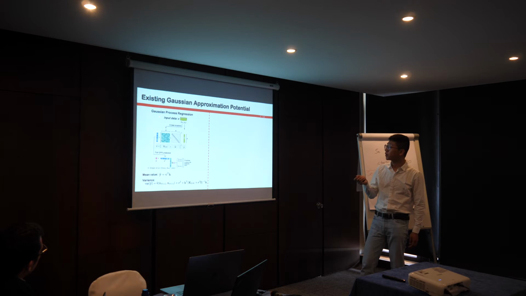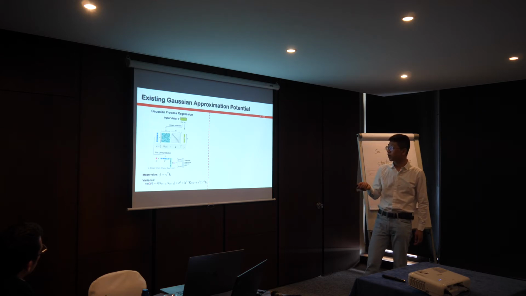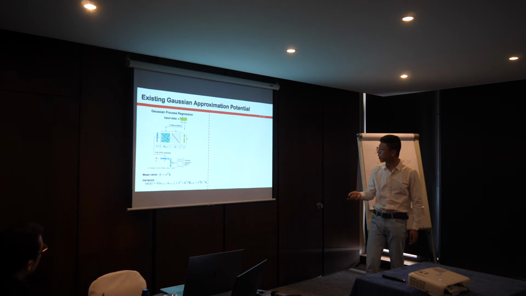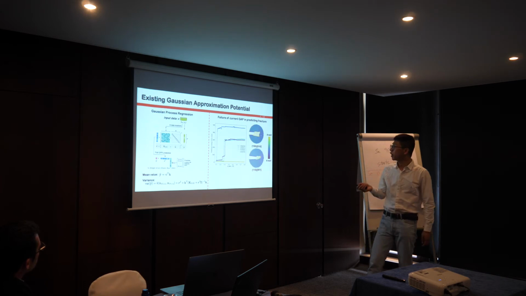The benefit of using a Gaussian process is that it can predict not only the mean value, but also the variance of the new data. This variance can serve as an error index, so it can quantify how much the potential is extrapolating.